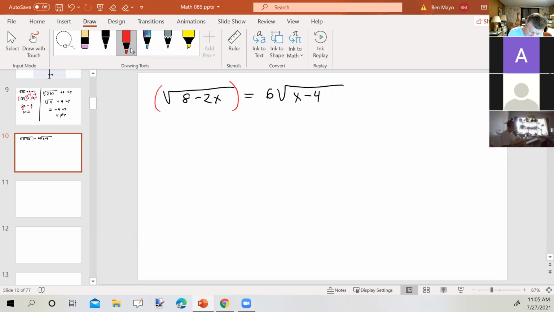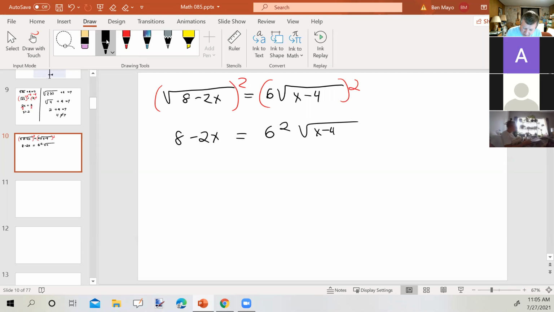So now we want to square both sides of the equation. On the left side of the equation, we're going to get 8 minus 2x. On the right side of the equation, however, we're going to get 6 squared, and then the square root of x minus 4 squared, which is 36 times the quantity x minus 4, which is 36x minus, what is that, 144?